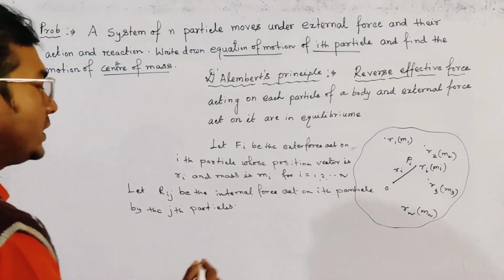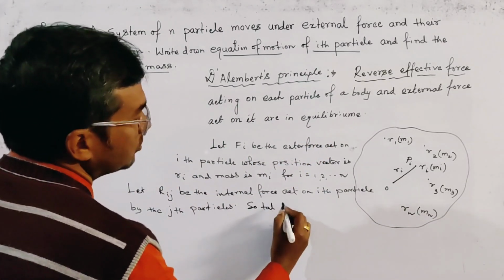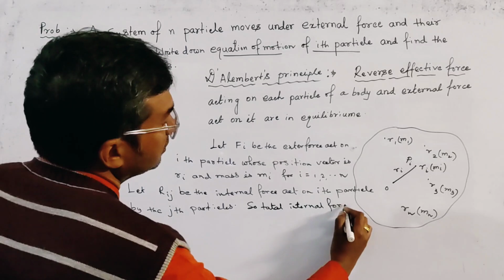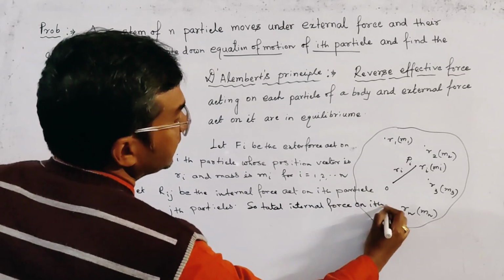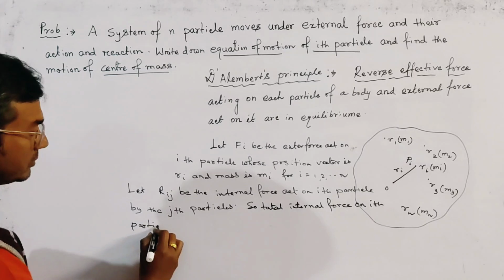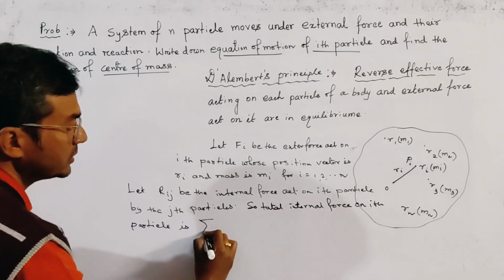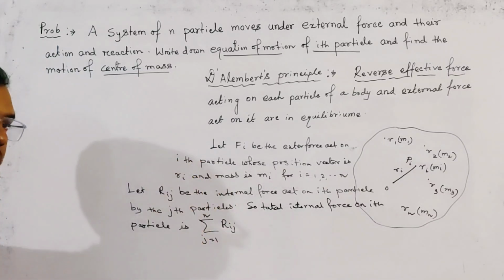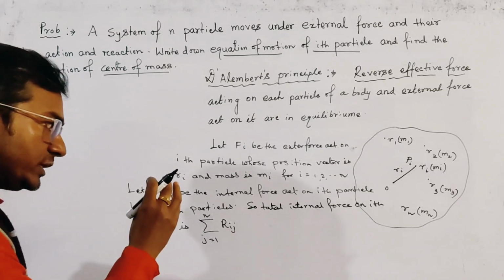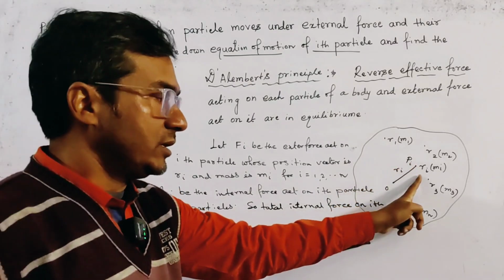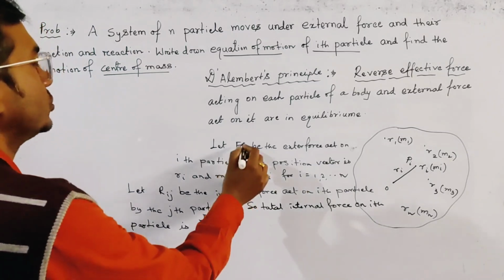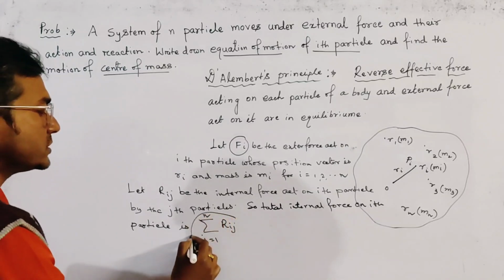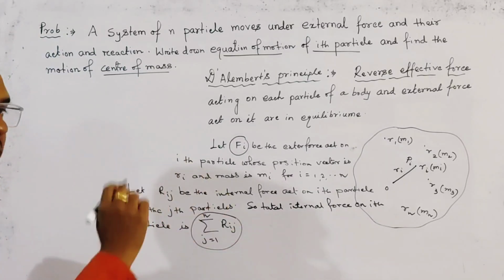So the total internal force on the ith particle is given by summation j equal to 1 to n of Rij. On the ith particle there is an external force Fi, and another internal force given by summation j equal to 1 to n of Rij.